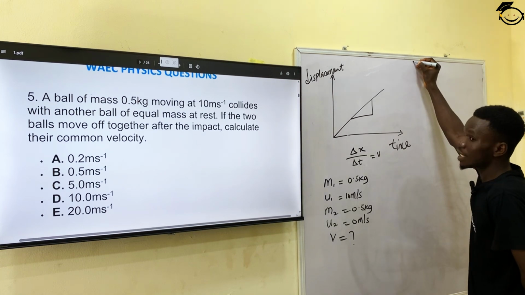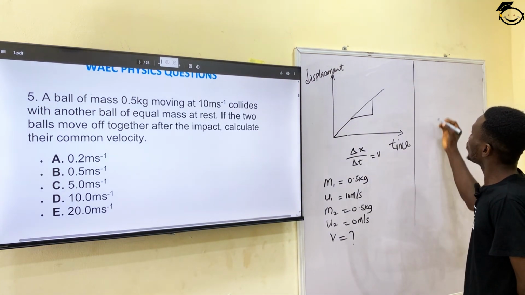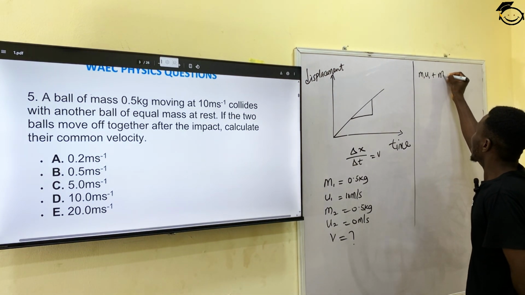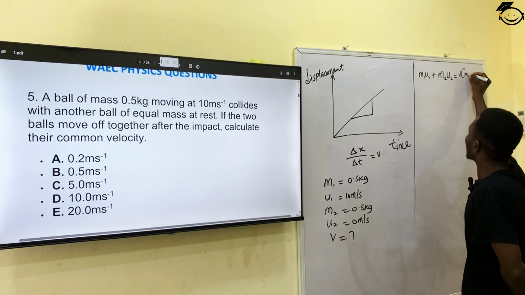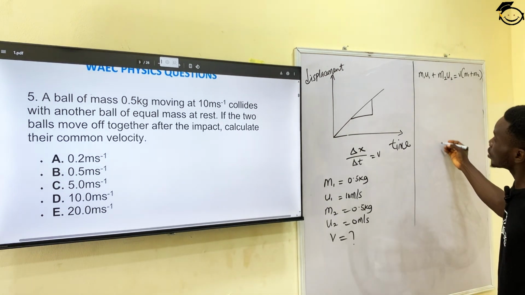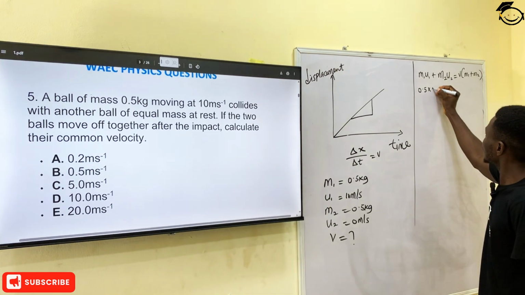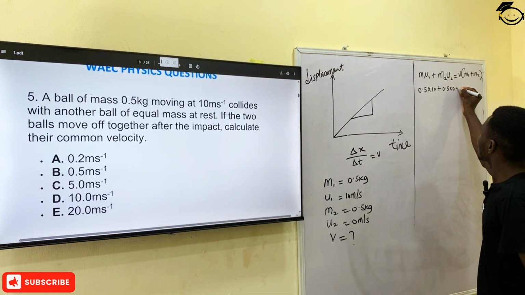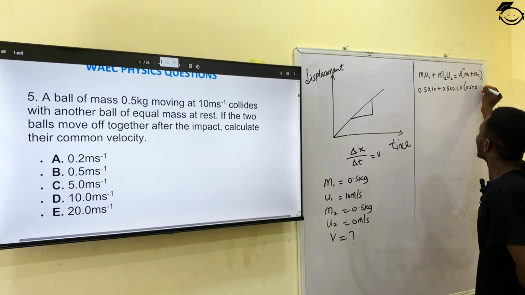With this, we bring out a formula which says that M1U1 plus M2U2 is equal to V open bracket M1 plus M2. So if we input our values, this will give me 0.5 times 10 plus 0.5 times 0 is equal to V open bracket 0.5 plus 0.5.